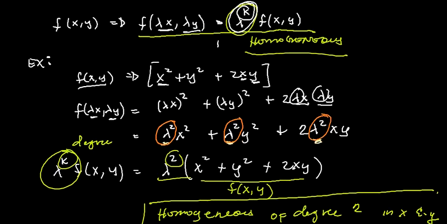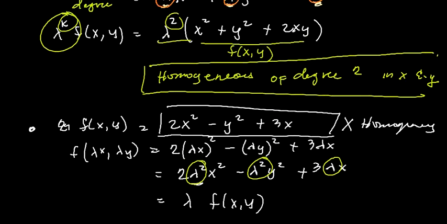For example, we have the first function, and we make the indicator lambda at x and y, substitute it into our function, and then factor out the lambda with its degree k, which is equal to 2, multiplied by its function. We come up with a similar form, so this function is homogeneous and the degree is 2. For our last example, we tried to figure out if the function is homogeneous or not. We took the indicator lambda at x and y, did the substitution, and found that we cannot factor out the lambda, because the first two parts have lambda with degree 2, but the third part has only lambda with degree 1.